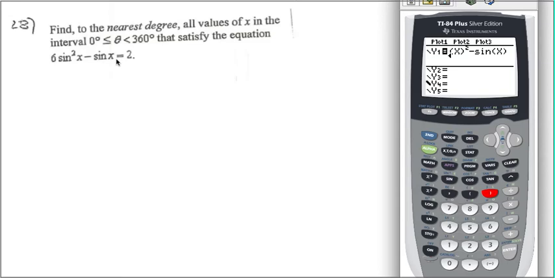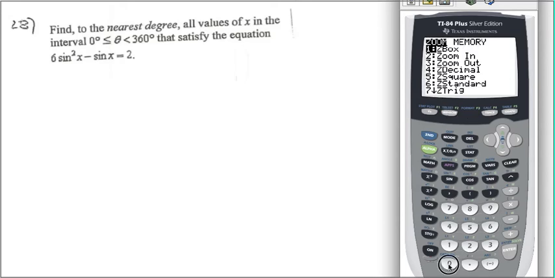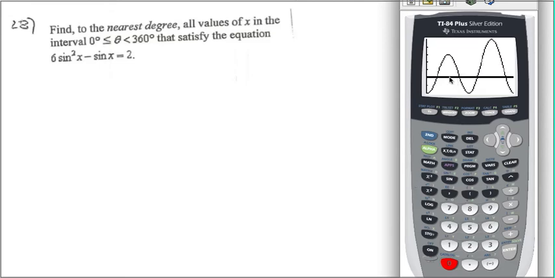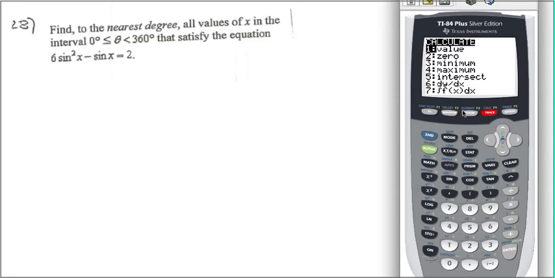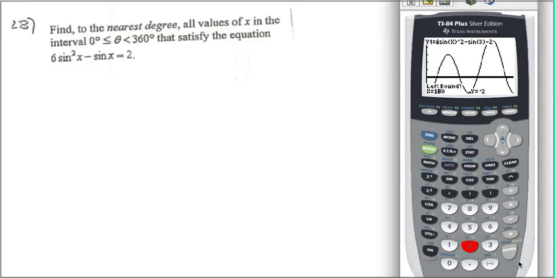I can simply subtract 2 from both sides and set it equal to 0. Now once again, window, okay, zoom fit 0. So we have 1, 2, 3, 4 values. We're going to calculate that by second calc, zeros.